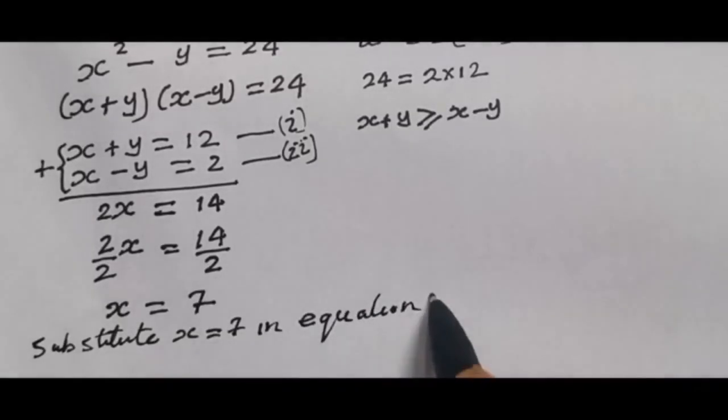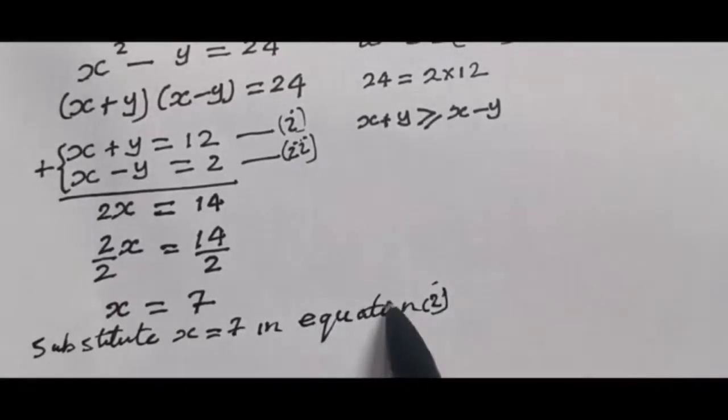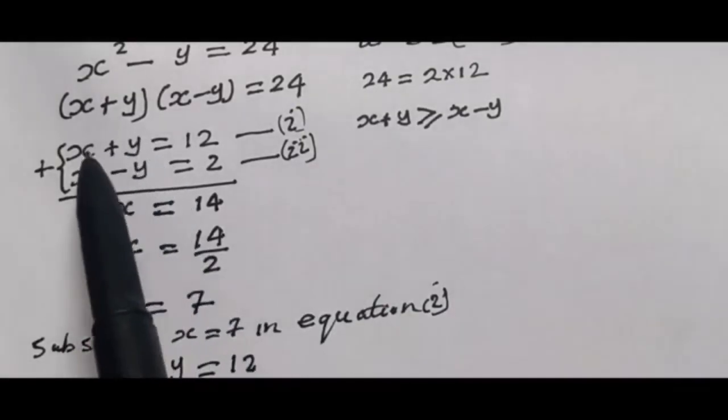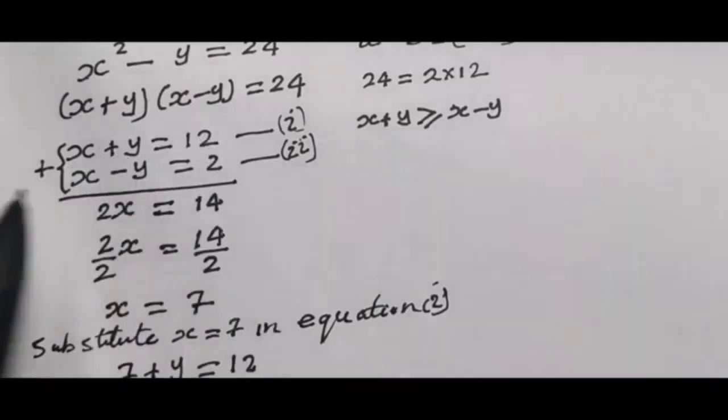Substitute the value of x equals 7 in equation 1. So we get 7 plus y equals 12. This is equation 1, x plus y equals 12. So in x here, we put 7.